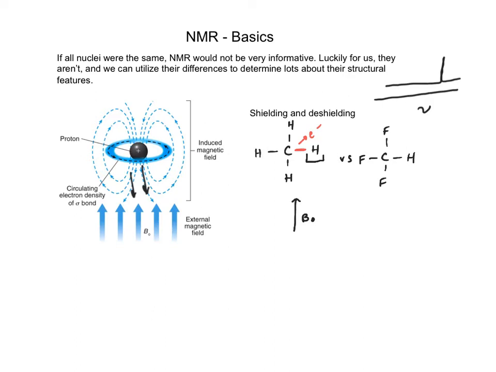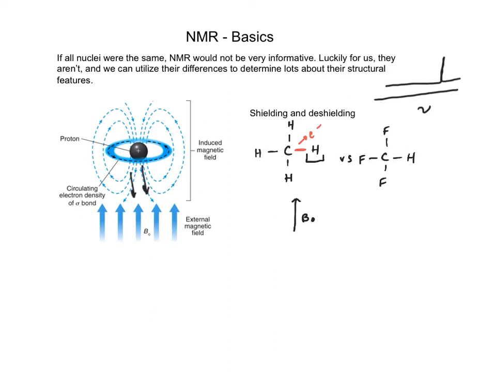So again, electrons are charged particles, right? And going back to the laws of electricity and magnetism, the minute you apply an external magnetic field to a charged particle like an electron, it is going to begin to rotate, right? So it's going to start to move, and it's going to start to move in a way that opposes the external field. It's going to make its own little magnetic field that opposes the field that you're actually applying, okay?